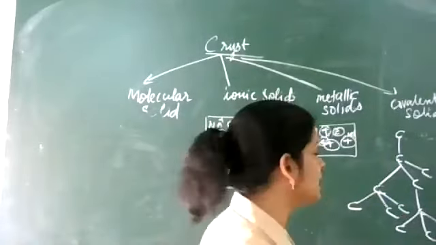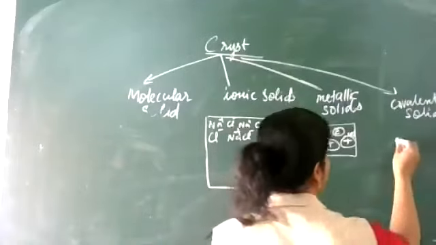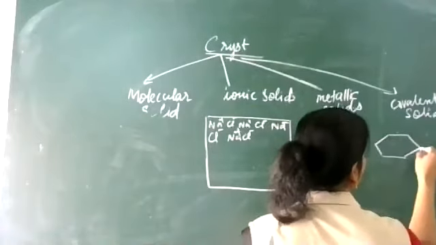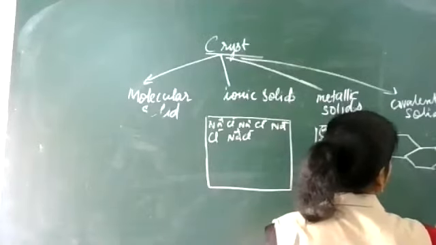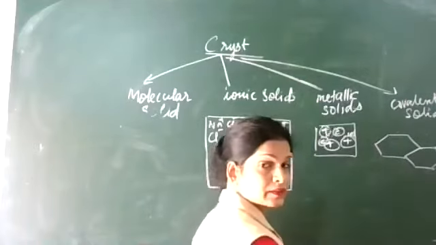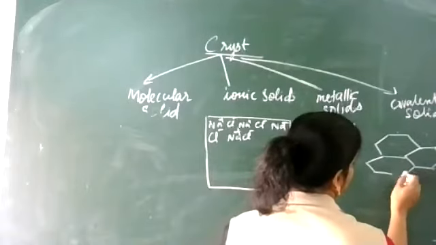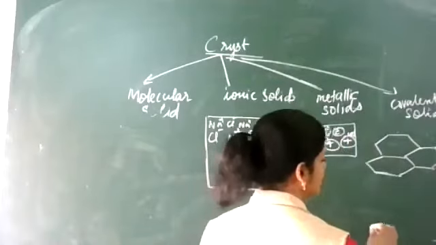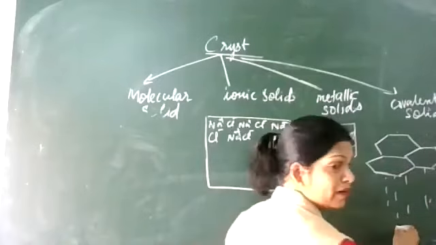But in the case of graphite, due to the structure, this is one sheet. Like this one sheet, and between the next sheet, there is only van der Waals force.